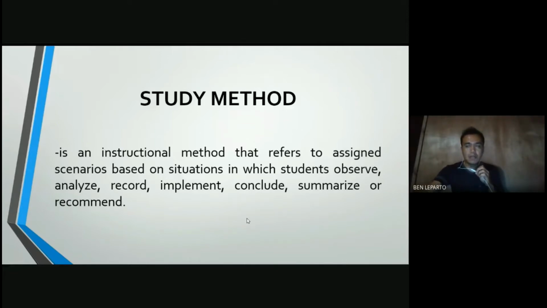One example of the study method is the case study. The students simply analyze, record, implement, conclude, summarize, and give recommendations based on real life scenarios given by their teacher.